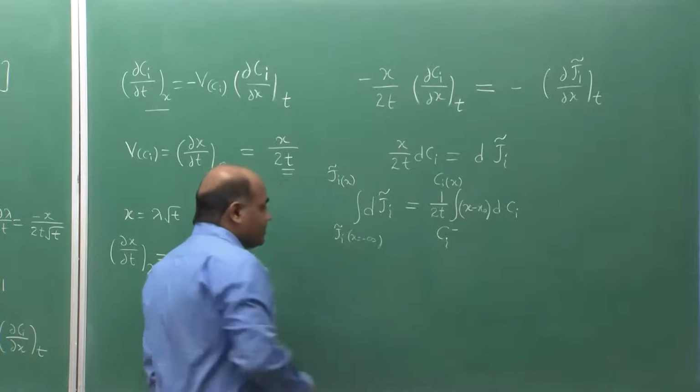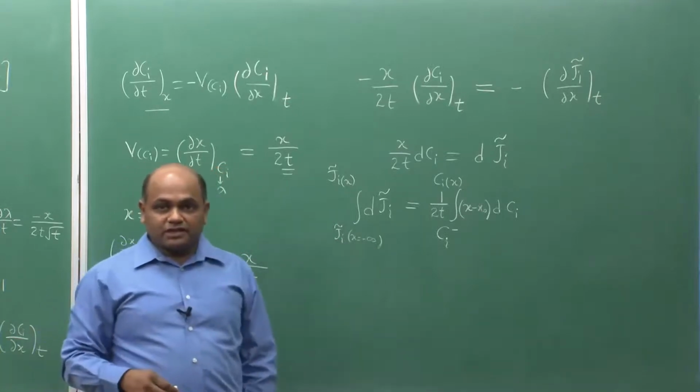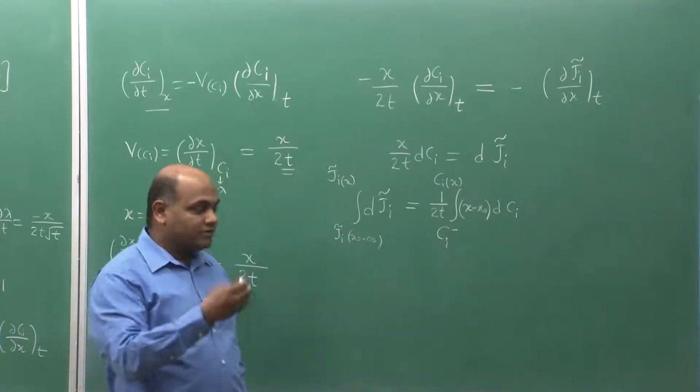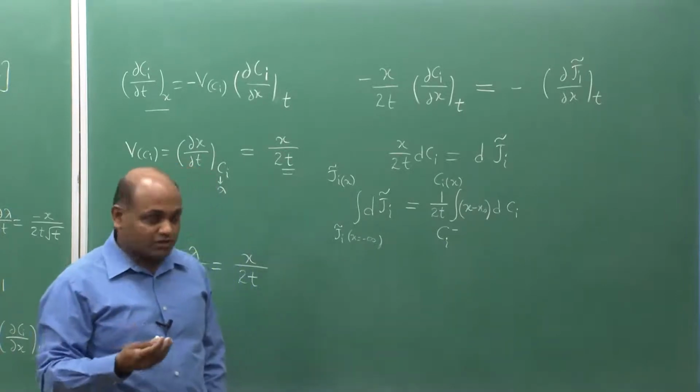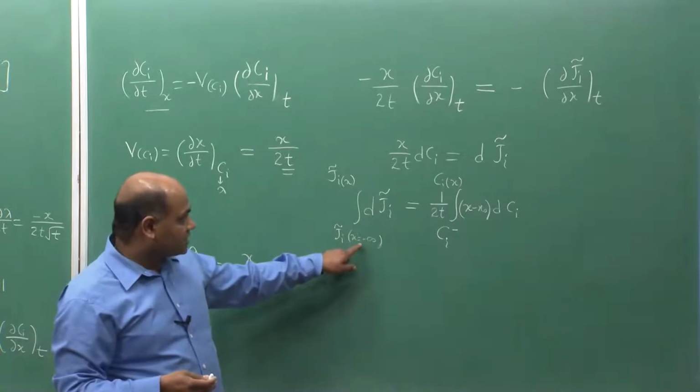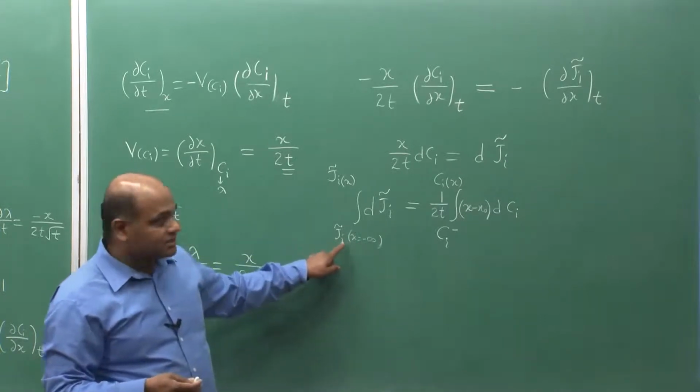Now, we know on the two terminals the diffusants will never penetrate, and so the fluxes at the two terminals would be 0. So, at the left terminal, that is x equal to minus infinity, J̃i is 0.